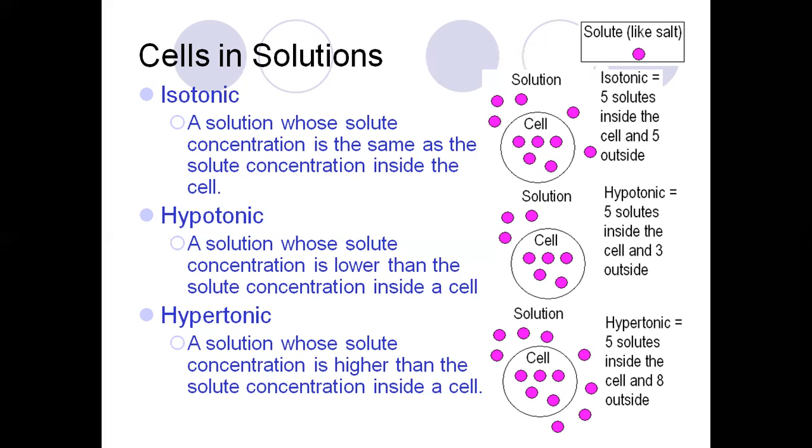Hypotonic means 5 molecules inside and 3 molecules outside the cell. A hypertonic solution is one whose solute concentration is higher than inside the cell. In the picture, the solute concentration is more outside and low inside. Hypertonic means 5 molecules inside the cell and 8 molecules outside.